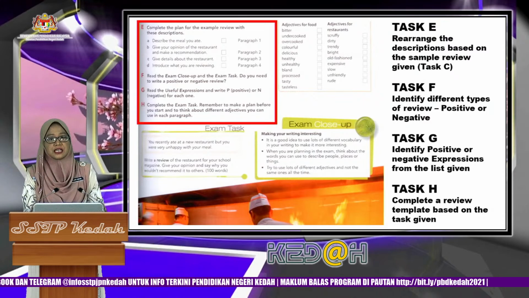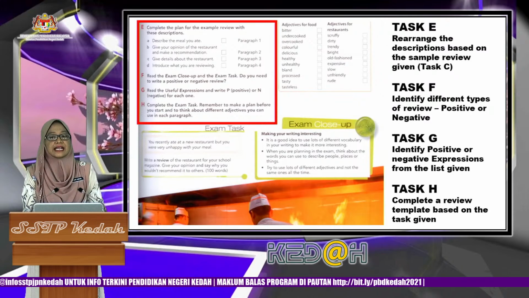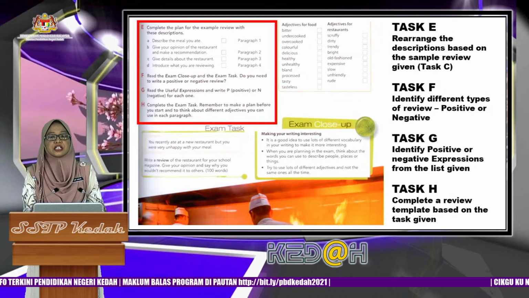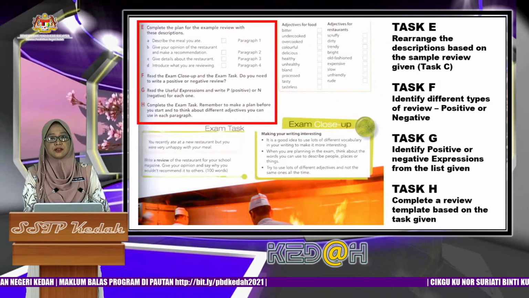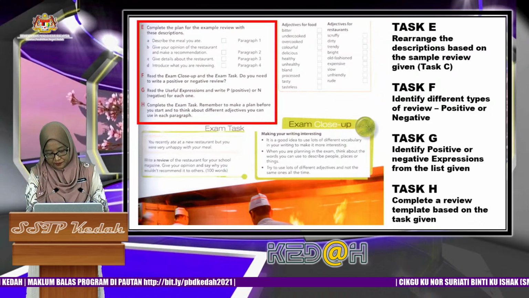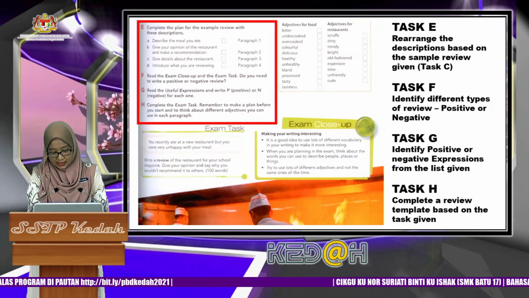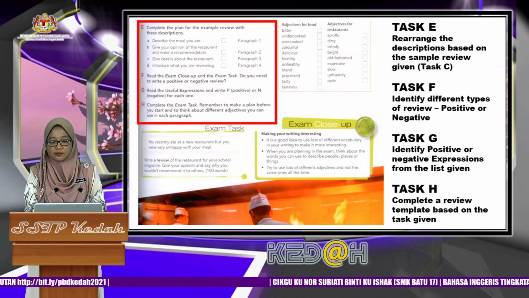Task G, students are to identify positive or negative expressions from the list given. Finally, task H, students are to complete a review template based on the task given. These practices are to scaffold their writing skills before they attempt the real writing task.